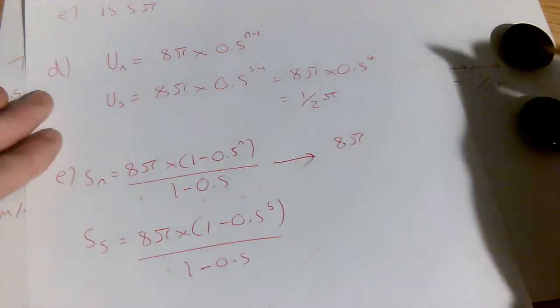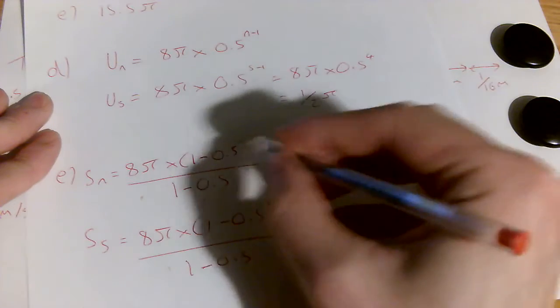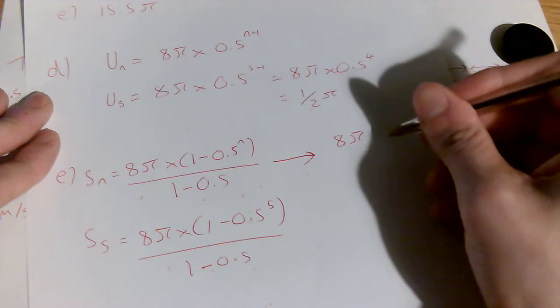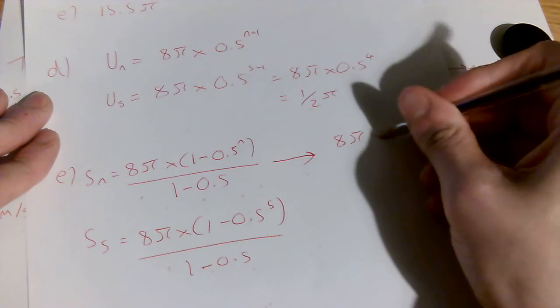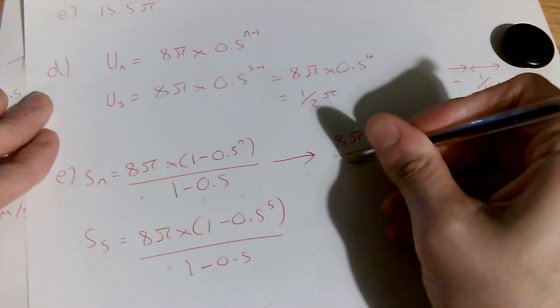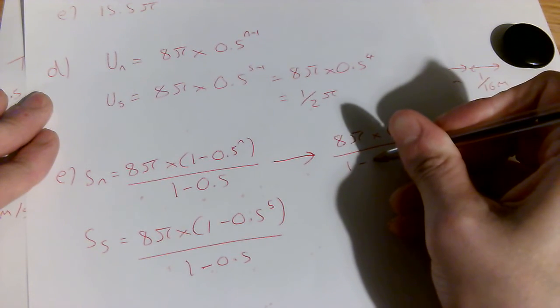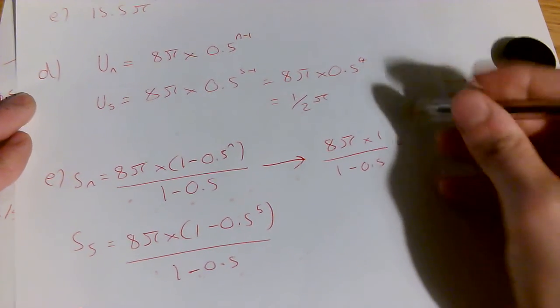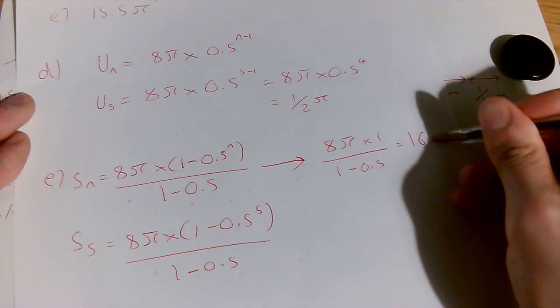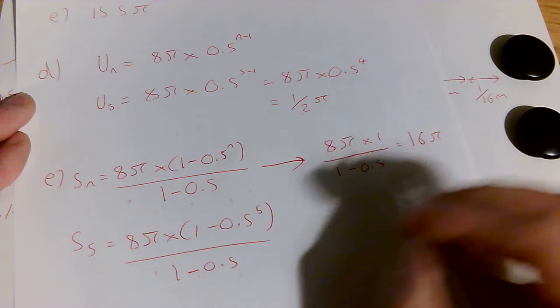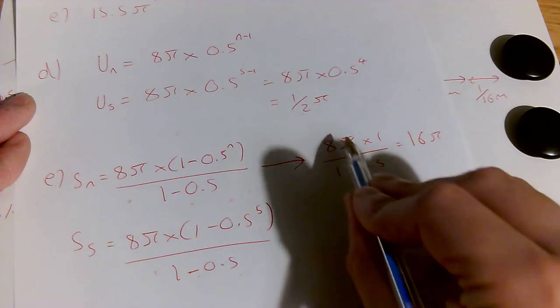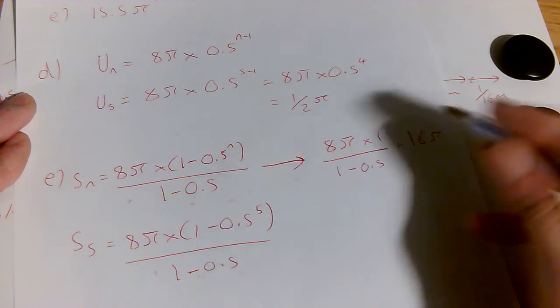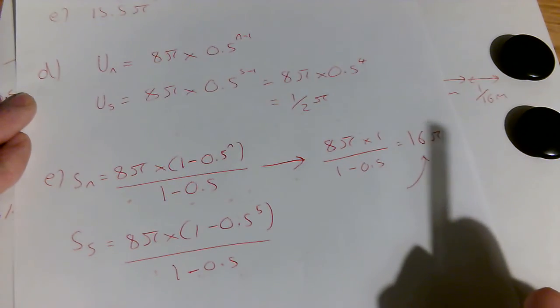Eventually, you're going to be multiplying such a small number that it's virtually zero. So that really is just times 1, and it's over 1 minus 0.5, which turns out to be 16 pi. That's just 8 pi, that's 0.5 on the bottom. 8 divided by 0.5 is 16, and 16 is the whole circle.